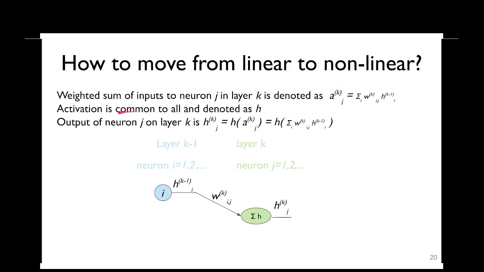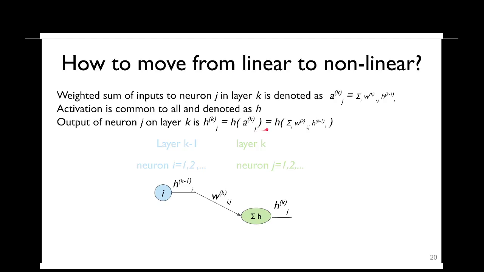Now the activation function is common to all, and we denote it by a simple h, and that means now the output of neuron j is the result of this weighted sum after applying the activation function h. So in notation that means that h^k_j, so the final output in the layer k of neuron j, is activation function h applied to the weighted sum a in layer k for neuron j.